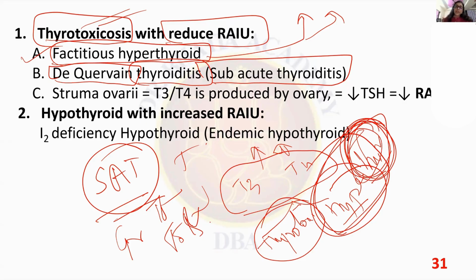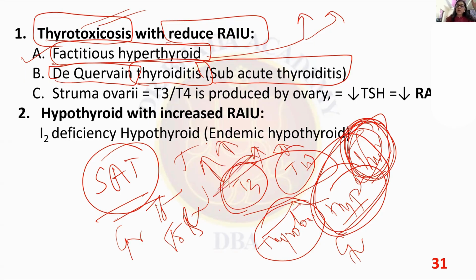Whereas any condition of raised hormone, clinically matching thyrotoxicosis, a picture of thyrotoxicosis, but the gland is innocent, the thyroid gland is not the problem. So raised T3, T4, when the source is not a hyperactive gland, that is thyrotoxicosis.